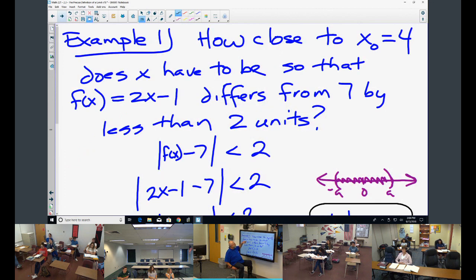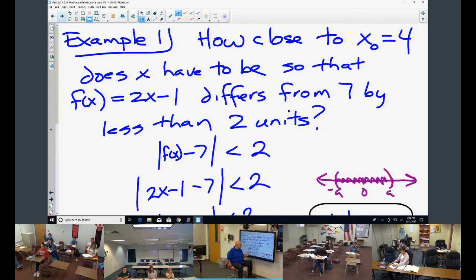So, how close to our target, x sub 0 equals 4, does x have to be so that the function f of x equals 2x minus 1 differs from 7 by less than 2 units?